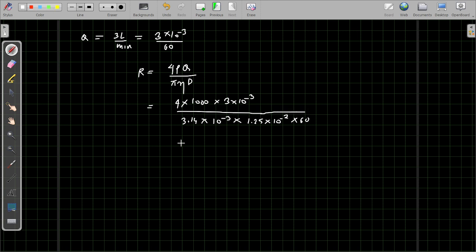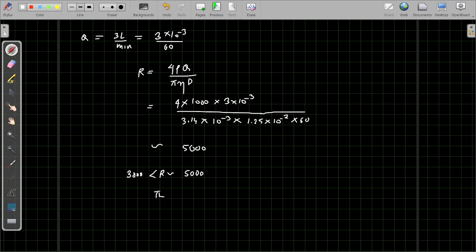If we solve this, it should give us around 5,000. So in this case R equal to 5,000 is very much greater than 3,000. Now the flow has become turbulent flow.